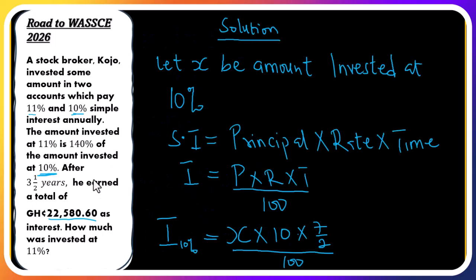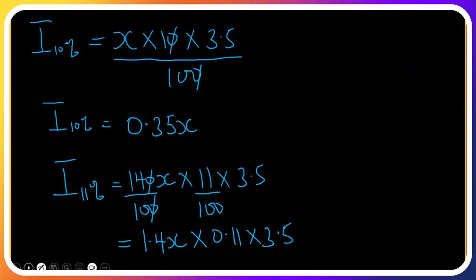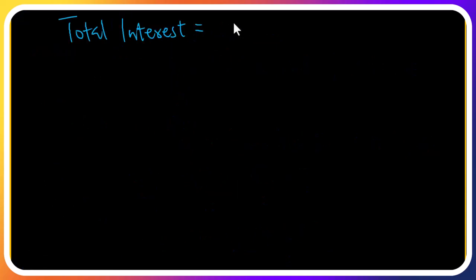Now the question continues to say that after 3.5 years, he earned a total of 22,580.60 as interest. So this is the interest generated for the two investments.